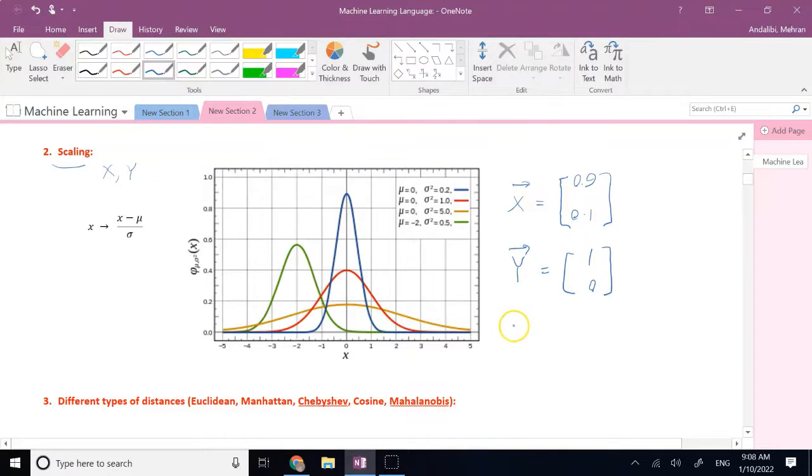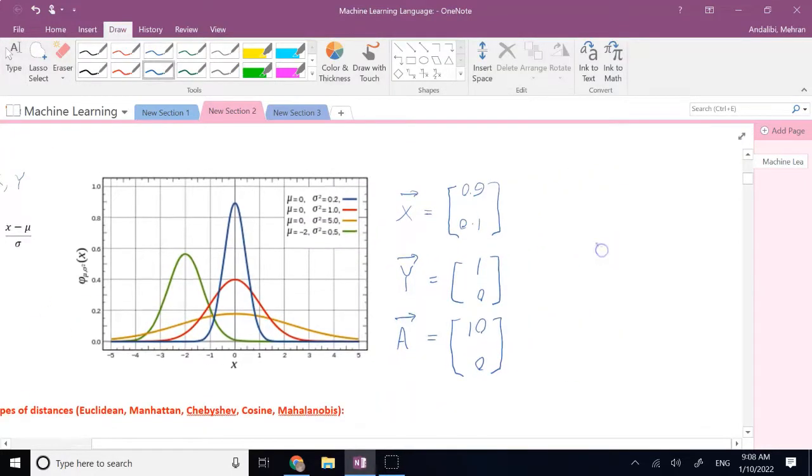And I have another vector, maybe a, and this a vector is, let's say, 10 and 0. So now the question is this: is a closer to y, or is x closer to y?